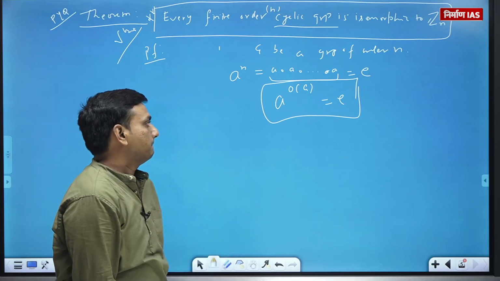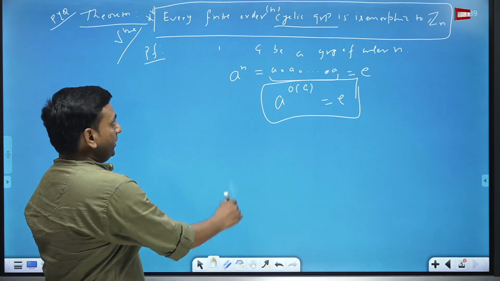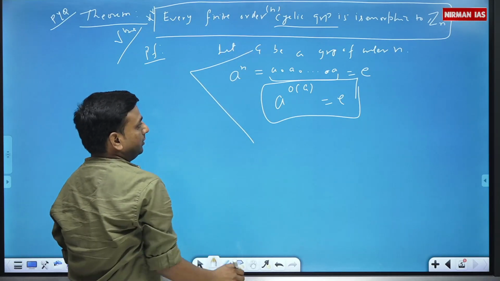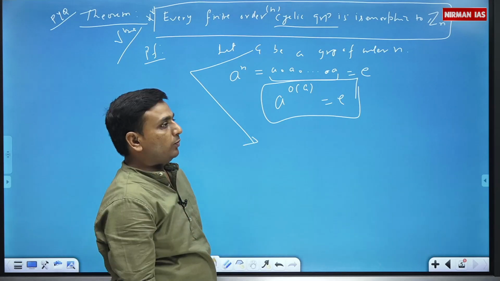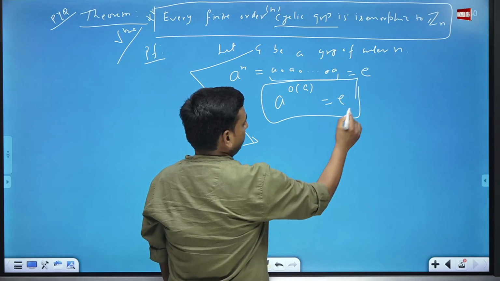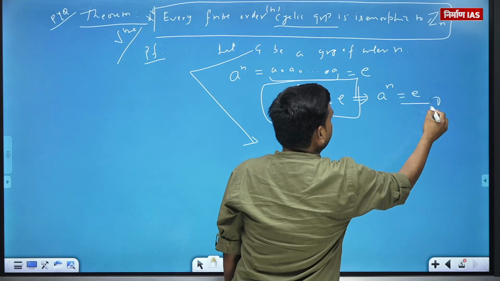Okay, fine. So what I have taken: let G be a cyclic group of order n, then a raised to the power order of a equals identity, meaning a raised to the power n is identity always.